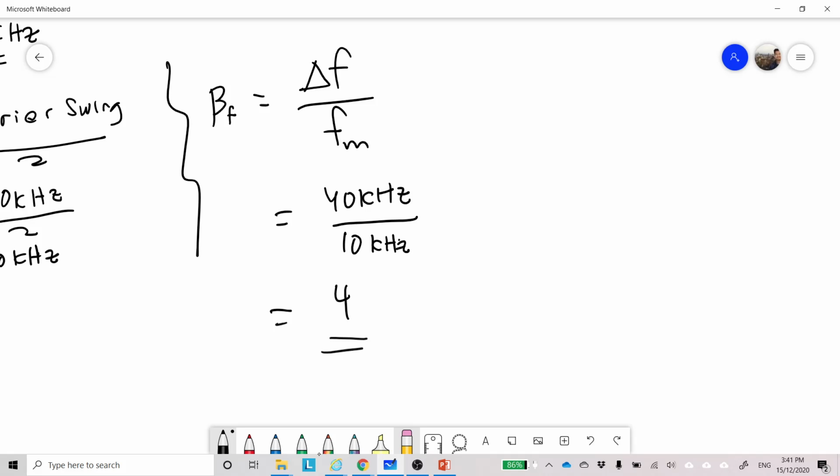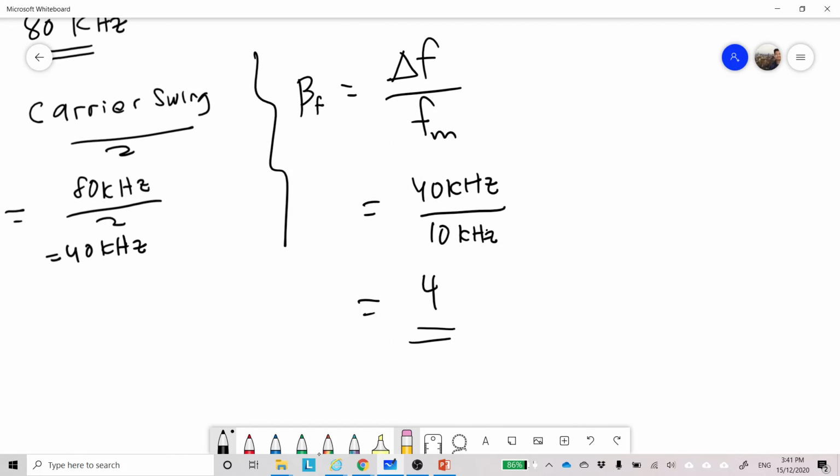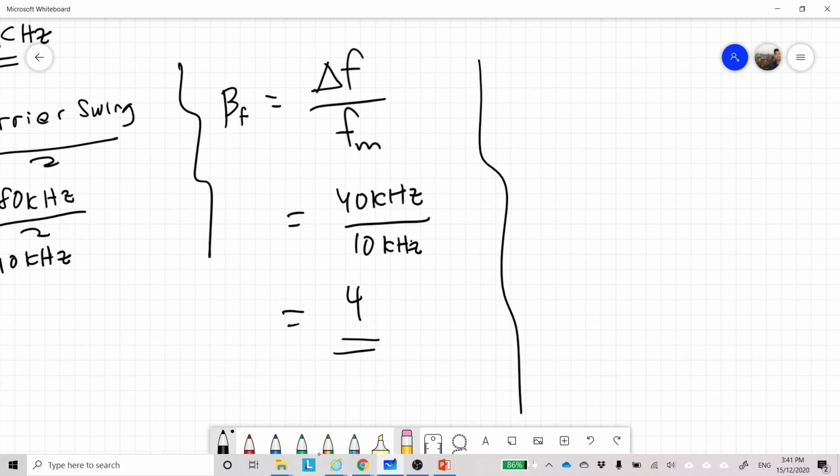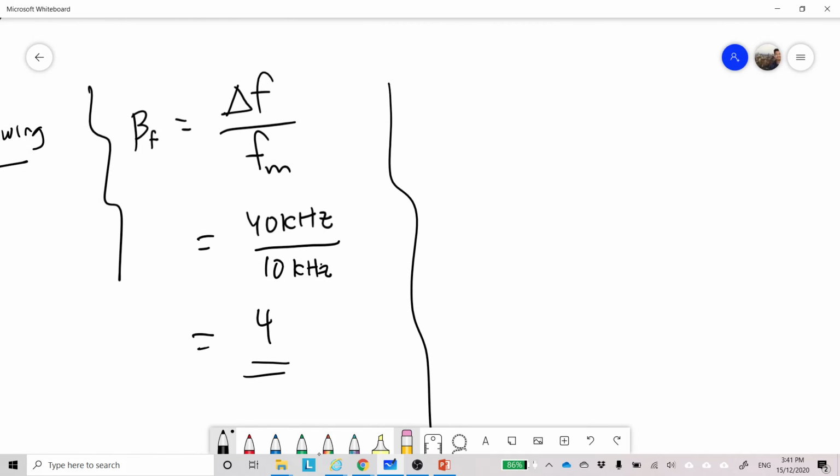Ini you kena lukis panjang sikit lah. So kalau beta sama dengan 4, number of significant sidebandnya jadi banyak. So kalau kita lihat dalam Bessel table, if beta equal to 4, you gonna get up to 7, sehingga 7 significant sideband, which is agak panjang juga.